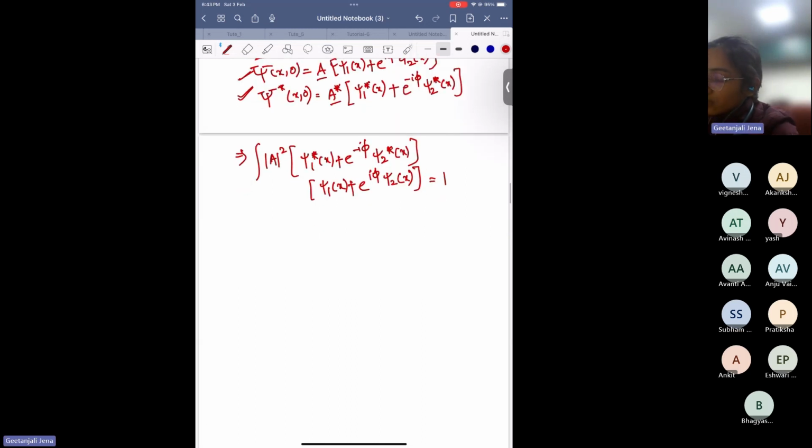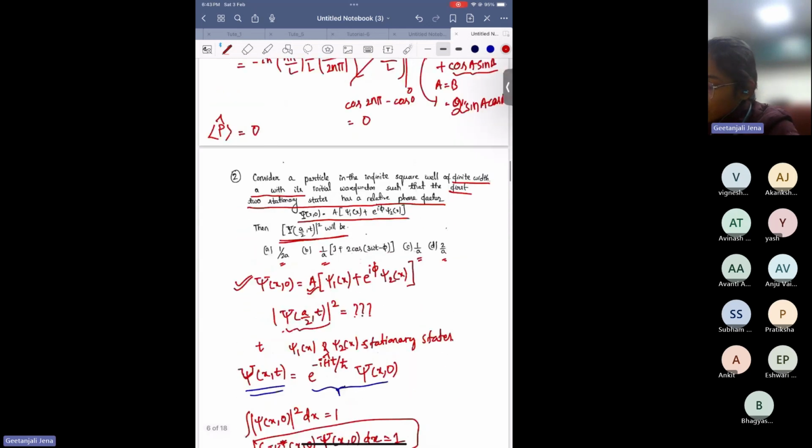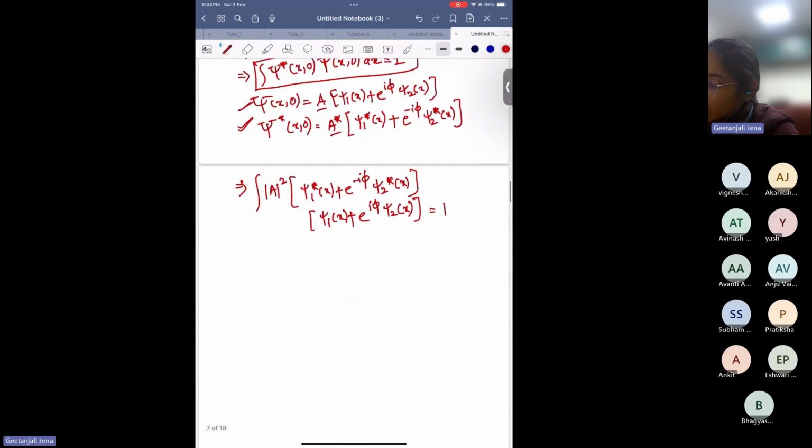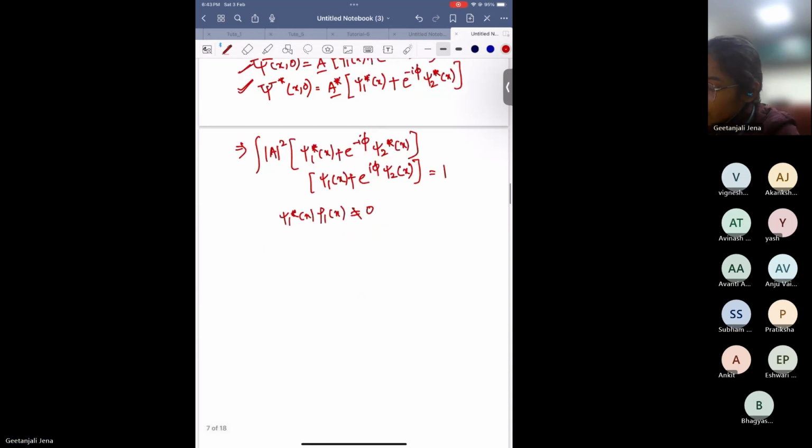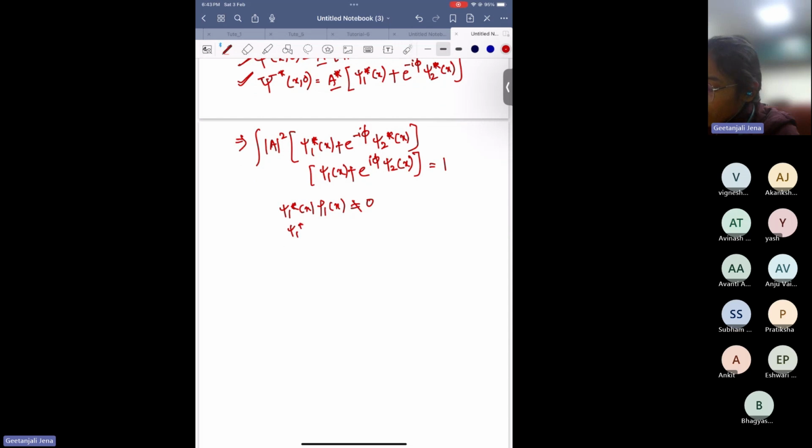Now, similar to the orthonormal condition, the question tells us that psi 1 and psi 2 are stationary states. This means they are orthonormal states of this particle. So psi 1 star with psi 1 will be a non-zero quantity, but psi 1 star with psi 2 will be zero.